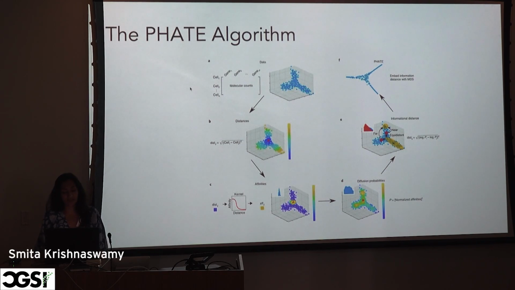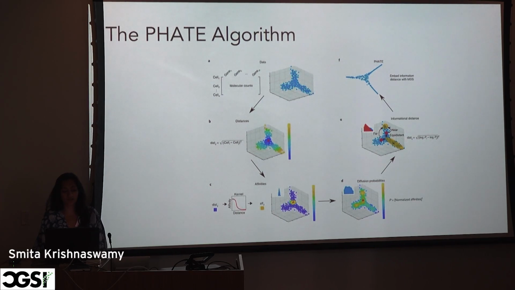The way fate generally works, as a snapshot, is it takes your cell by gene data, which you get in single cell RNA sequencing. It computes distances between rows of these, which are Euclidean distances. So that means for this cell, this has low Euclidean distance and this has far Euclidean distance. But then we invert those distances into a kernel where we only trust the close distances and we zero out everything that's far.